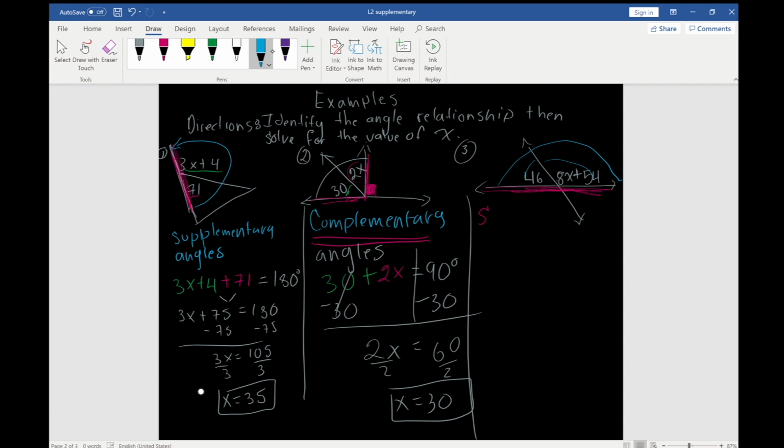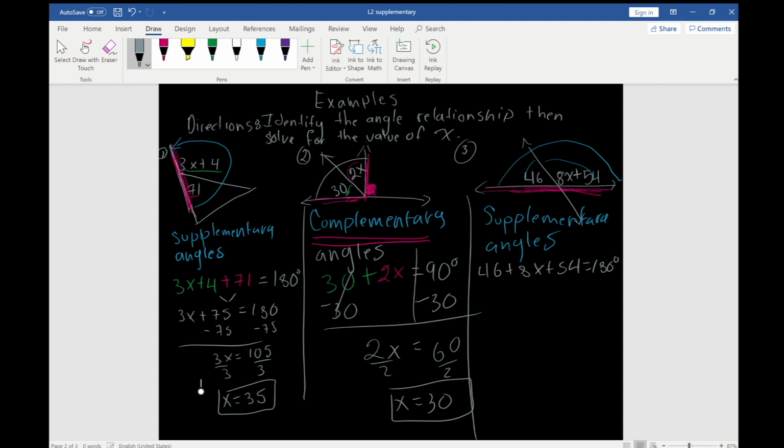Oh, I want to use blue. Supplementary angles. Now, by definition of supplementary angles, which we have on top, this must add up to 180.